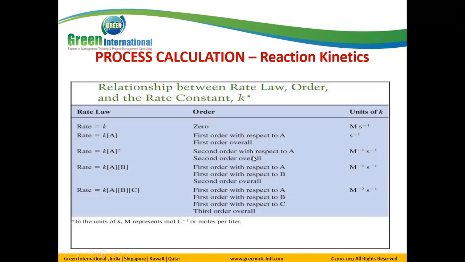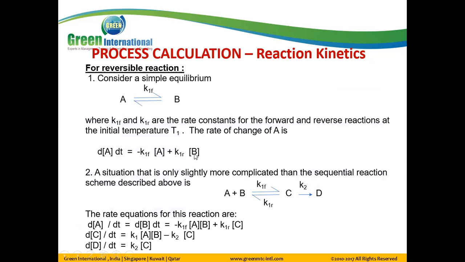So then the change in concentration of A divided by T is nothing but minus K1 [A] plus K1 [B]. This derivation you need not remember, it is just for your knowledge, to see how the rate of change is related to the concentration of a reactant.